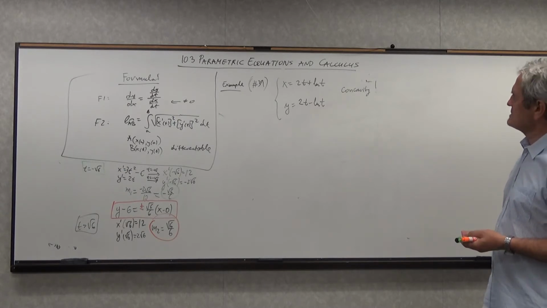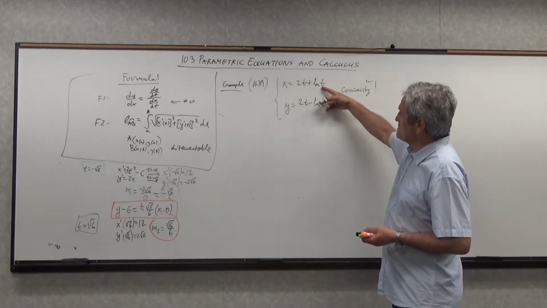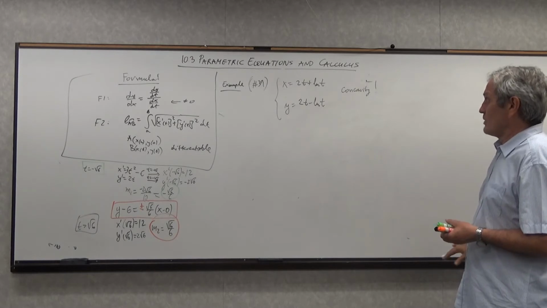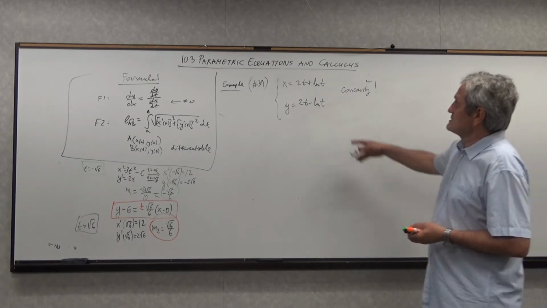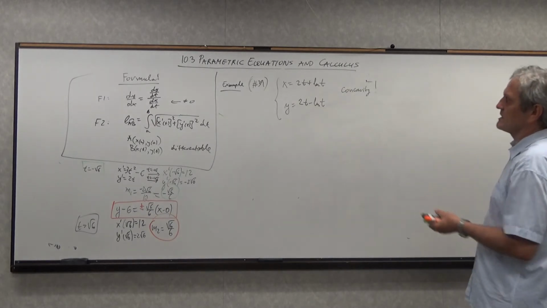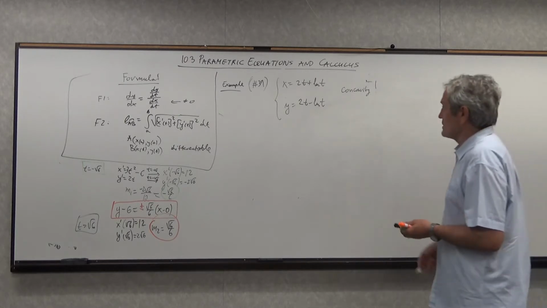Basically, these two do not differ very much: one is x plus ln t, one is minus ln t. That's why when t is greater than 1, this goes below the line a little bit, but it fairly has asymptote y equals x. But it doesn't matter. We want to discuss concavity first.